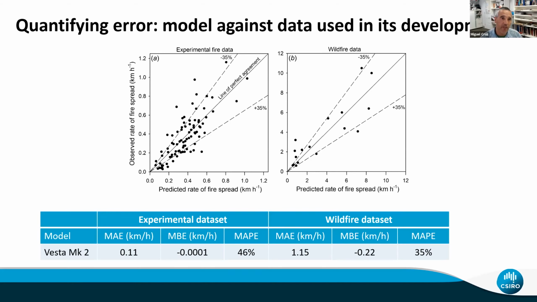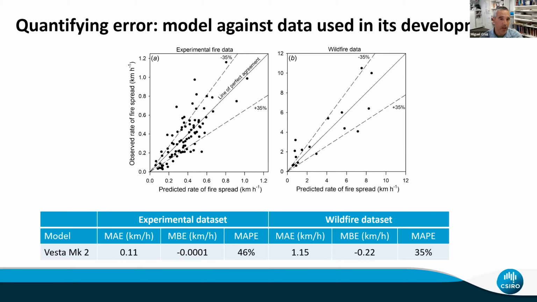In these two graphs, we have the model fit against the data used in its development. On the left, we have the experimental fire data, and on the right, the wildfire data. You'll notice that in terms of range, on the left, experimental fire data goes to about 1.2 kilometers per hour. Wildfire data, a tenfold increase, goes to about 12 kilometers per hour, right?